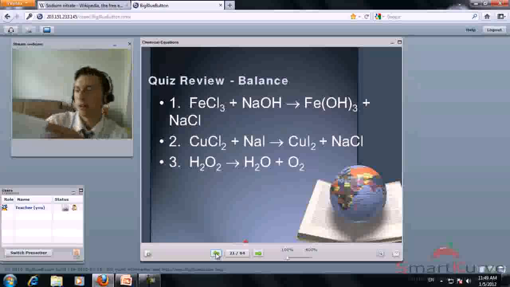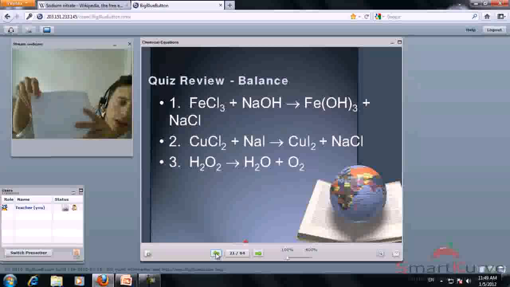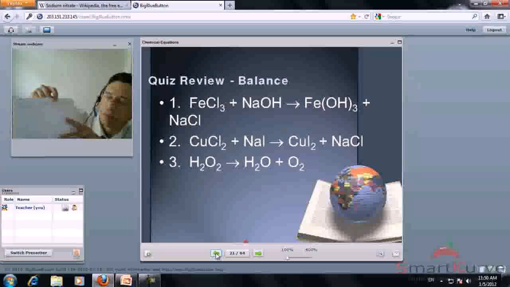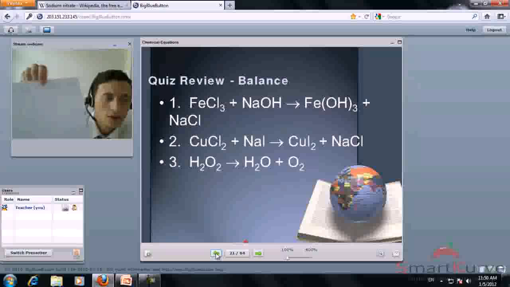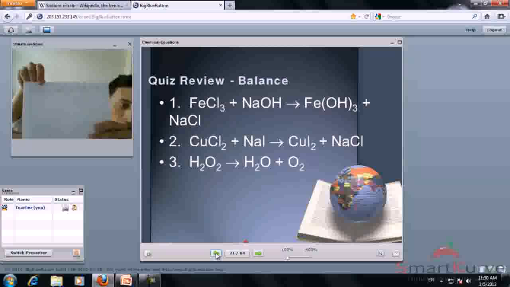Let's start, remember we go one element at a time, so let's start with the iron. In our reactant side we have 1, in the product side 1. So far so good. Let's move on. Next, chlorine. In the reactant side we have 3 atoms of chlorine. However, on the product side we only have 1, in that sodium chloride molecule.